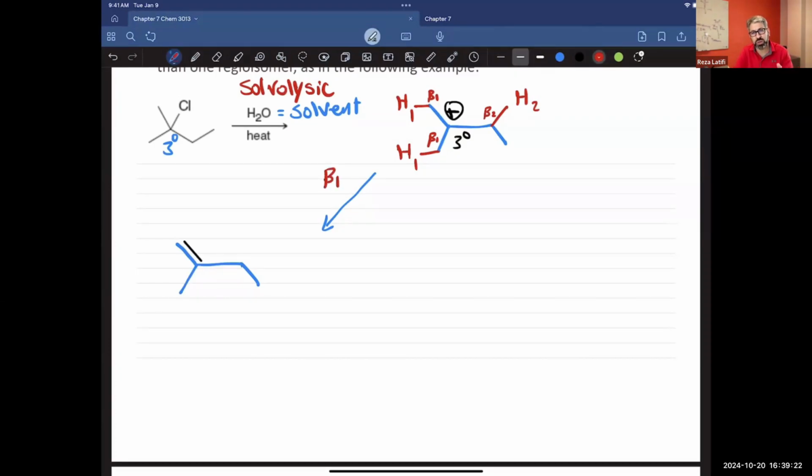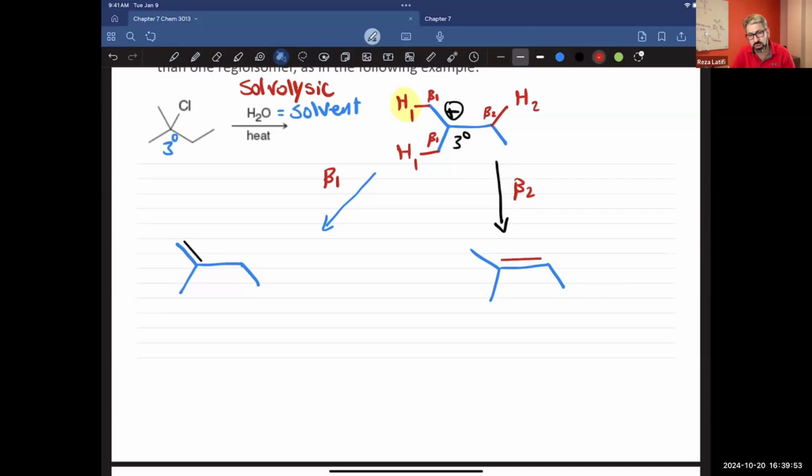So we removed one of the hydrogens, H1, or like we have two of them. So let's say we went after this hydrogen and we got such a product. Or we can go after the second hydrogen, let's say beta 2. And in this case, the product we'll get will be like this. So we will have a double bond, it will be there.